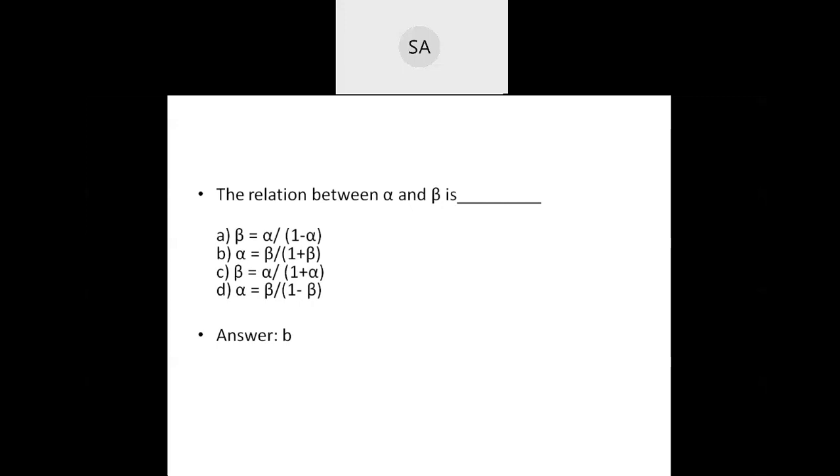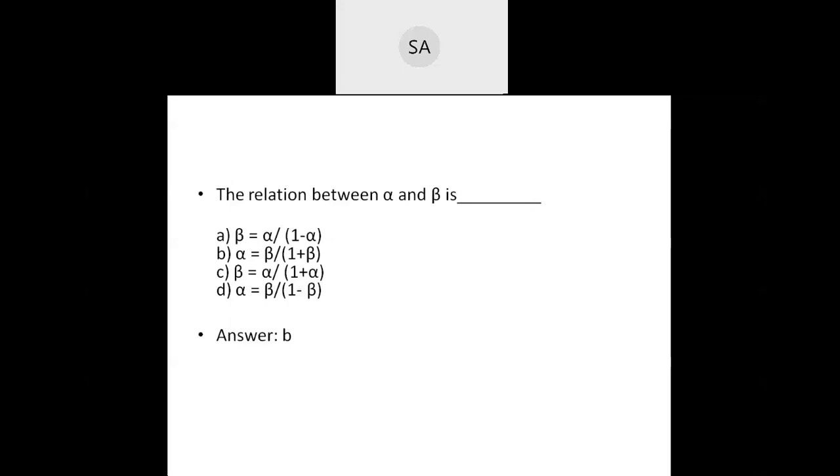Alpha is equal to beta by 1 plus beta, and beta is equal to alpha by 1 minus alpha is also right.